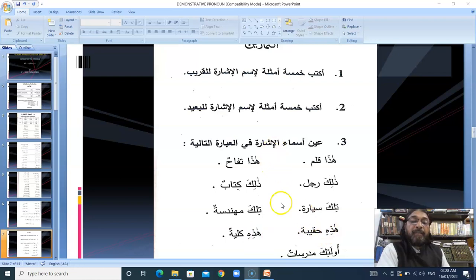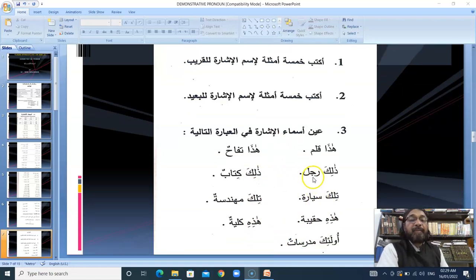Hazihi kulliyatun, this is a college. Ulaika mudarrisatun, those are lady teachers, ulaika is asma'ul ishara. So what is being asked here? Identify the asma'ul ishara, demonstrative pronoun, and whether it is near or far. So both are given here, near and far, for male and for female.